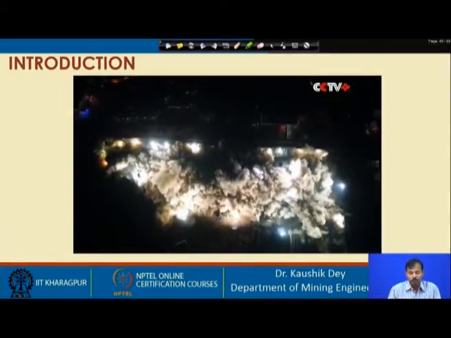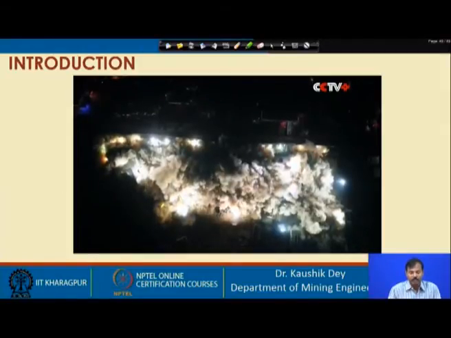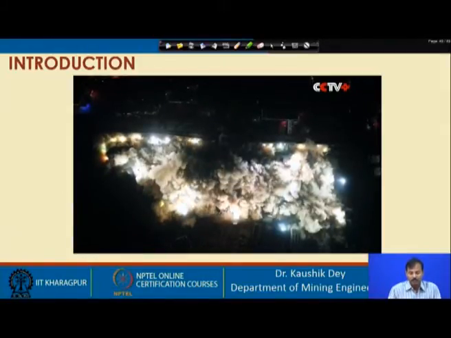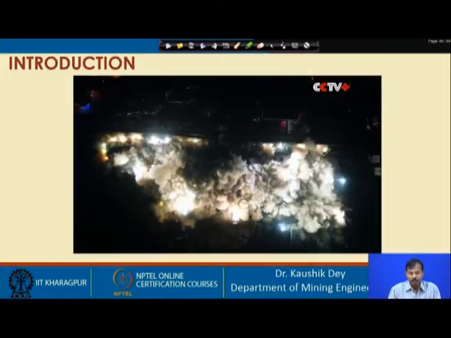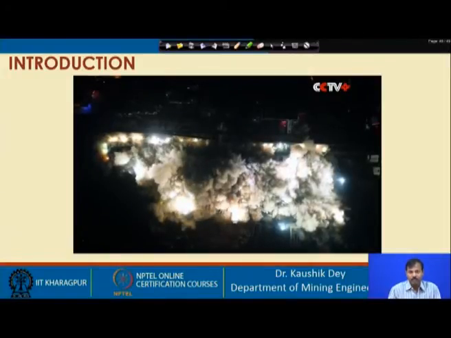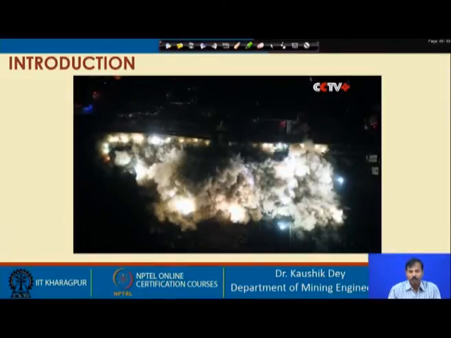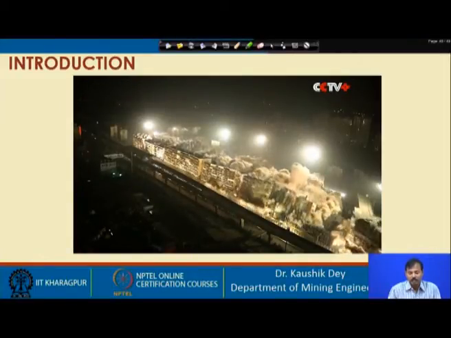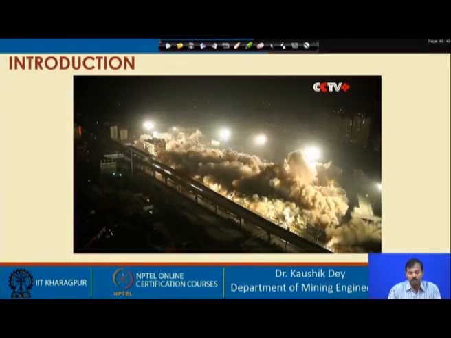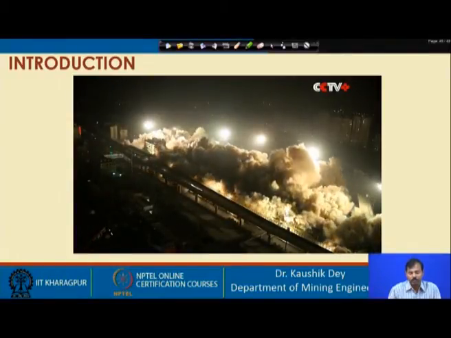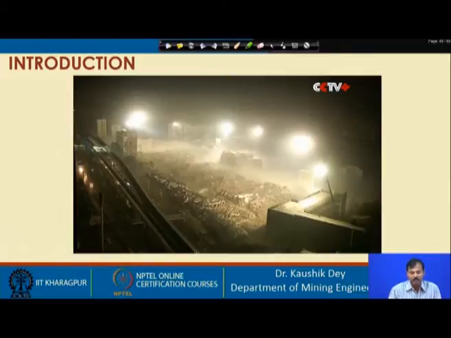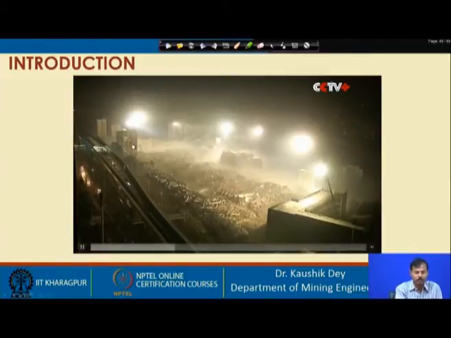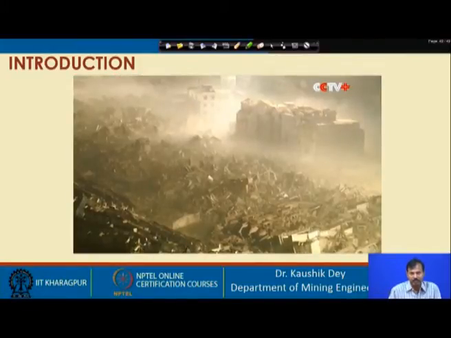Almost a few thousand houses and high rise buildings are demolished with simultaneous blasting. If it were carried out manually, this may take a huge time, but as it is carried out using blasting technology, the complete structures are demolished within a few seconds, and you can see almost all the structures are demolished except one, which was unable to be blasted because of some other reasons.